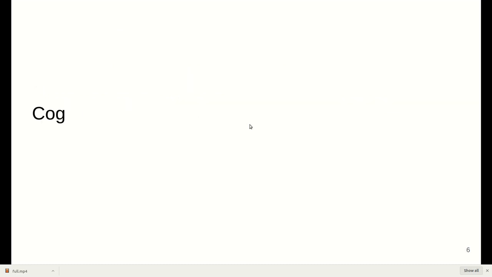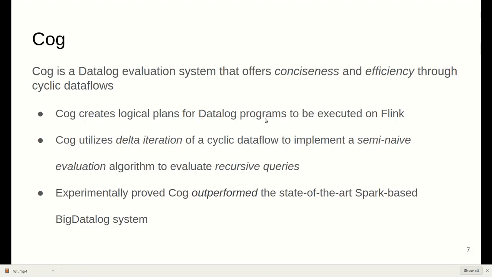Now we will discuss our system, which is called COG. Our system COG is a Datalog evaluation system that offers conciseness through Datalog, and it offers efficiency through the incremental iterations of Apache Flink.